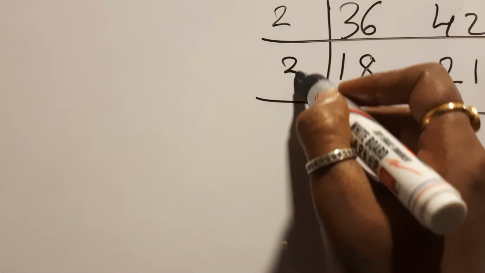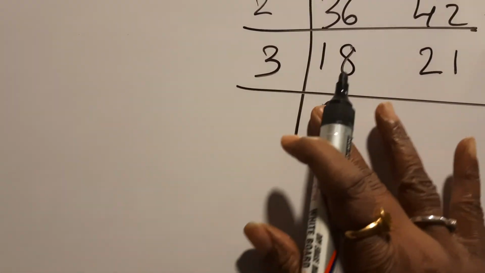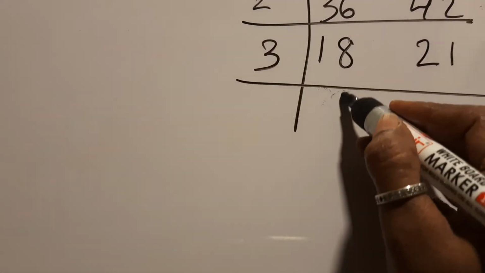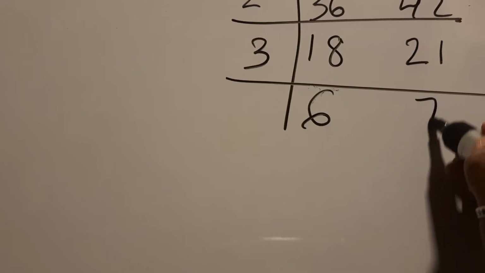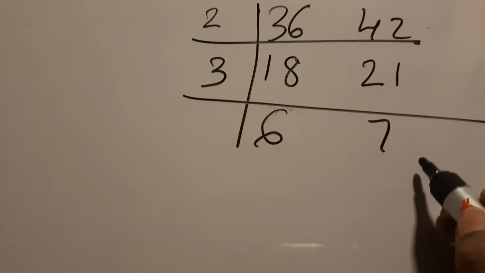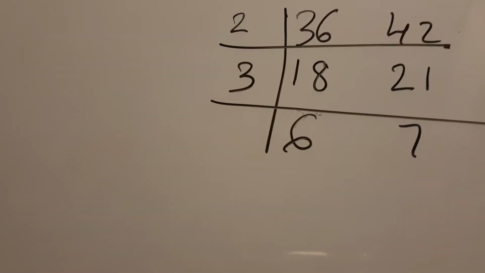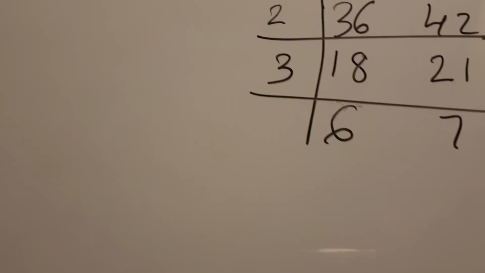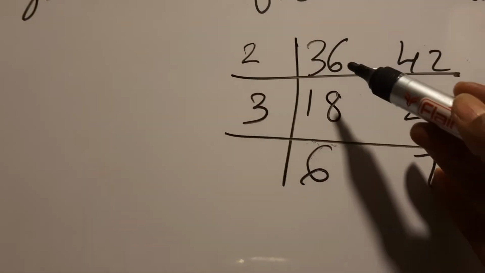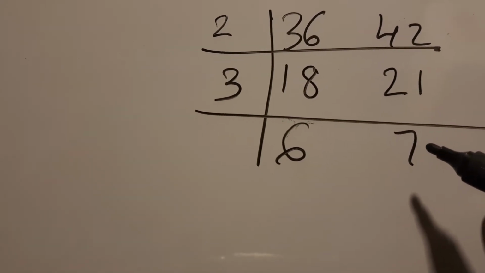Now 3. 3 6s are 18, 3 7s are 21. There's no need to do further because these two are the numbers which you have to multiply, 6 and 7. Now look at the number, 36, you're getting 6, 42, you're getting 7.